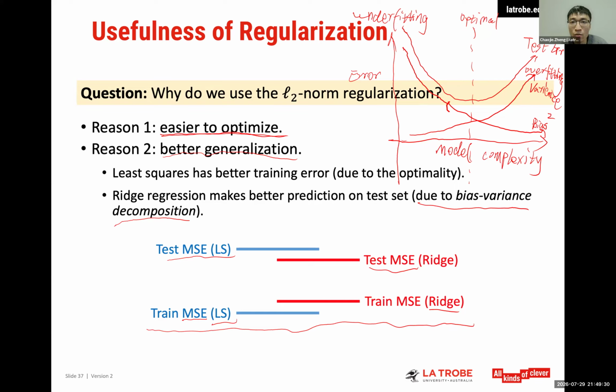So what bias or bias square means is a measure of the difference between the model's average prediction and the true value.